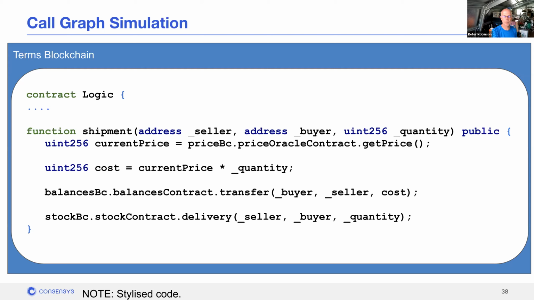And the other parameters from the shipment function call are passed through and into these other function calls. So you need to be simulating and working out what the parameters are going to be for the other function calls. And if you had conditional logic, you'd have to then be thinking, well, what will be called and what will not be called? So you need to create that call graph.